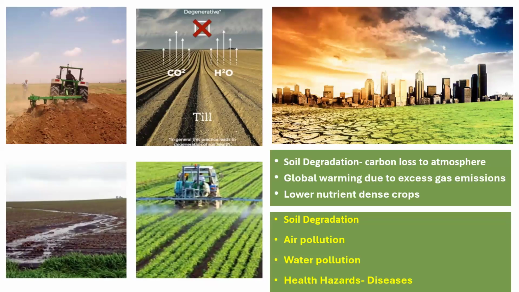And when we have more practices that include a lot of spraying, either herbicides or pesticides, or adding more soluble fertilizers, we are adding more pollution, either to the air or the water, and of course, hazards to human health.